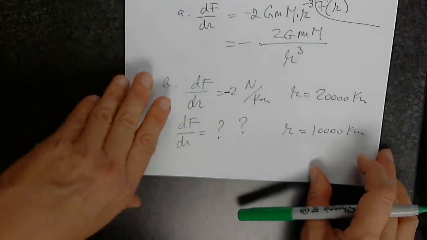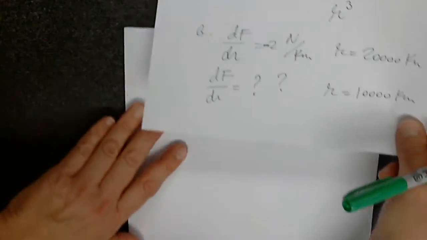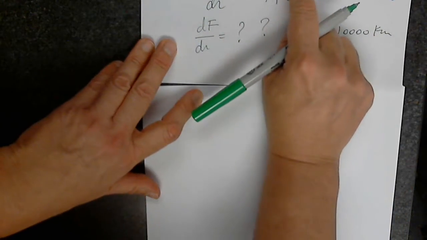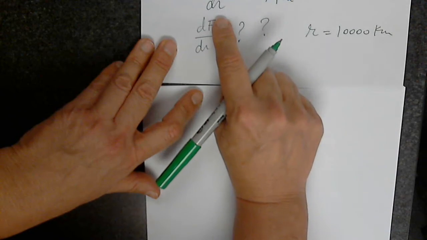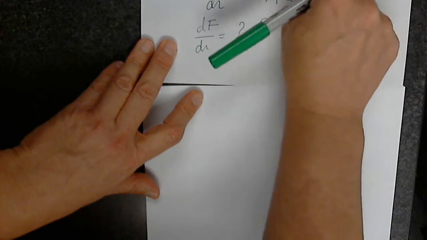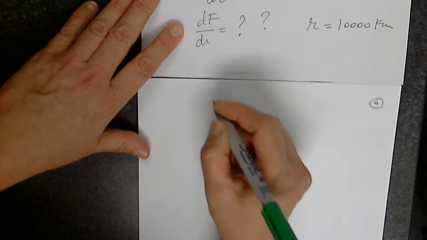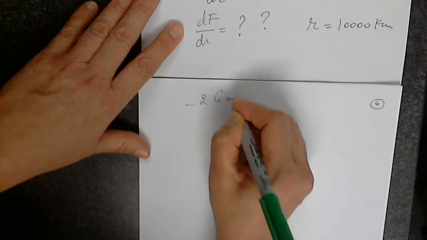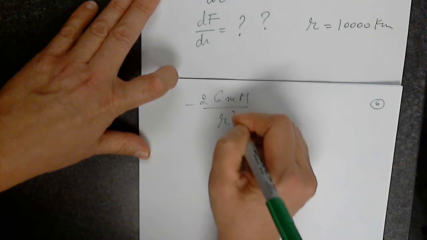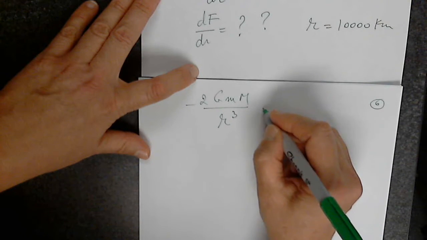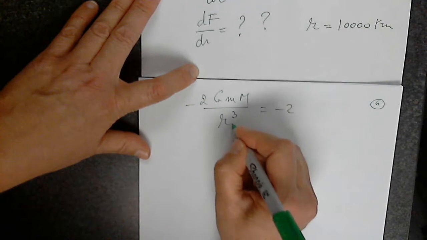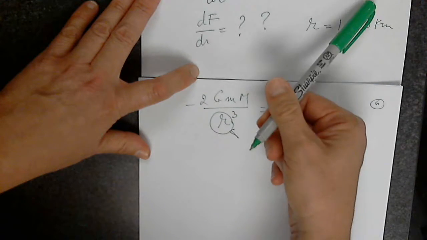Very good. We do have an expression for dF over dr. So I'm going to set this equal to this. So negative 2GMm over r cubed must equal negative 2 when r is 20,000.